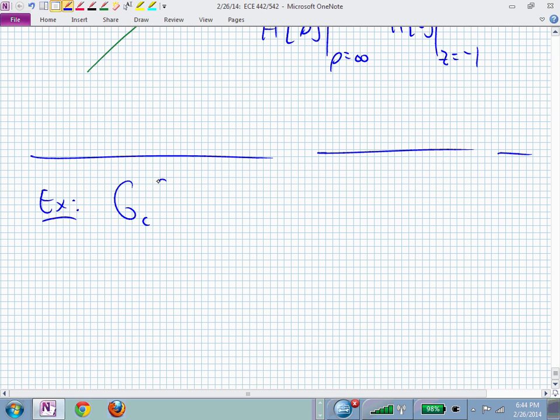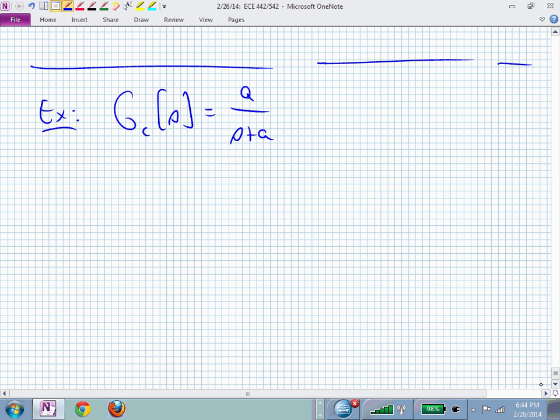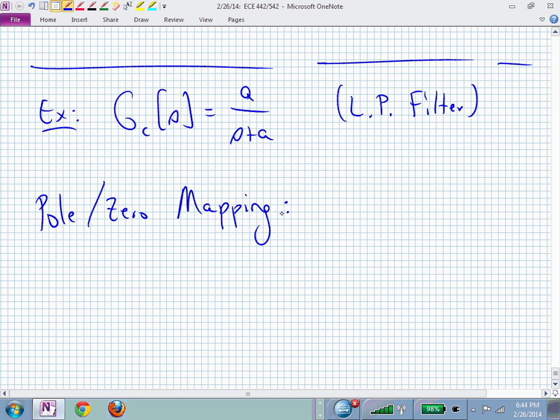So let's say that g sub c of s is this a over s plus a, and you guys should all just be saying low-pass filter. Right? And we've already done most of this. And let's find the discrete equivalent using pole zero mapping. We do not have any finite zero, do we?